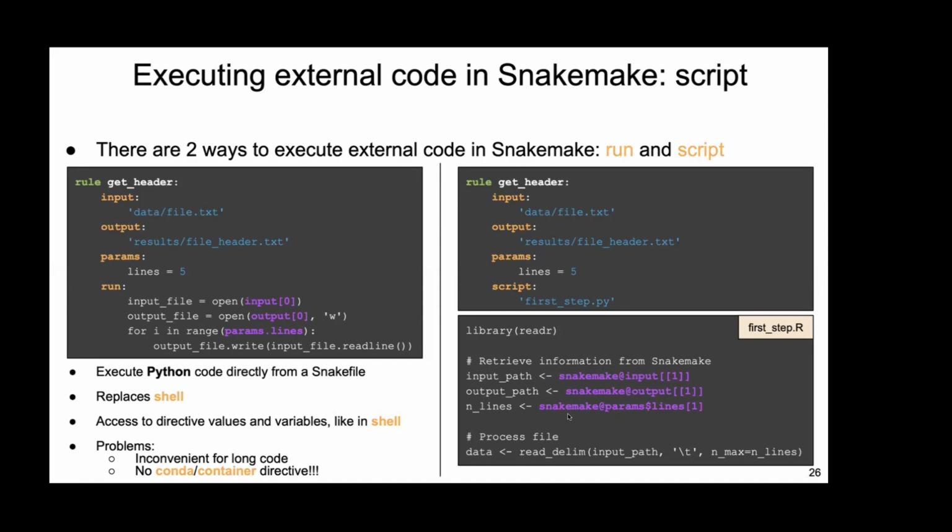Similarly for the output, and then for the named example, we say snakemake@params, and then $lines, and then the first element of that. So that's how you would interact with it in the two different languages.